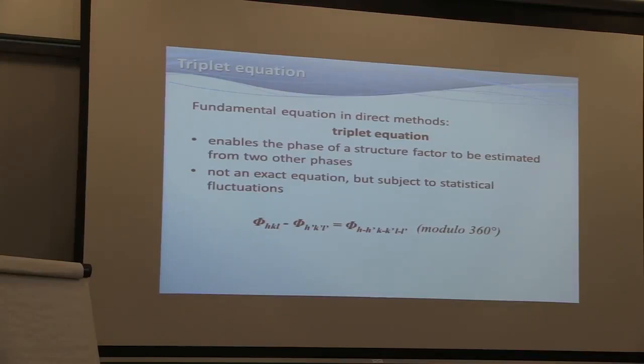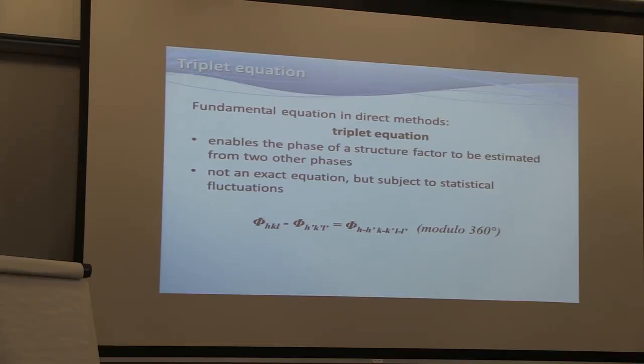Now, if we assume that this HKL is 1, 2, 3 in our data set, and that one is 1, 0, 1, then this one would be 1 minus 1 is 0, 2 minus 0 is 2, and 3 minus 1 is also 2.